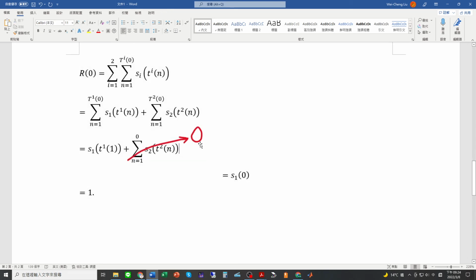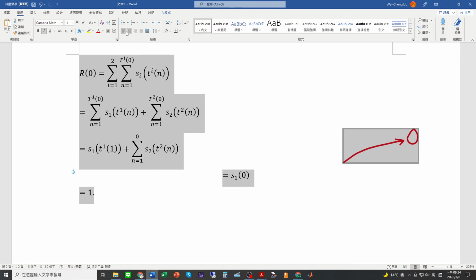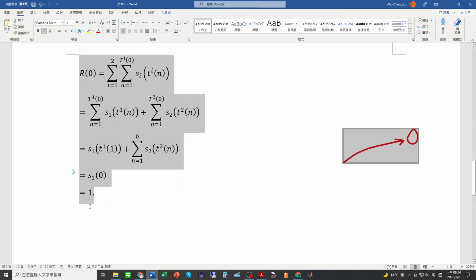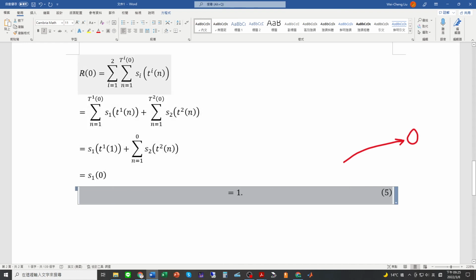Oh, wait a minute. So I need to move it out and align. Oh, I cannot align at the equality, so that is okay. So I call this equation 5.